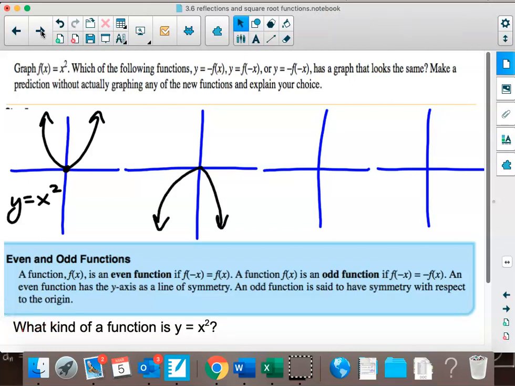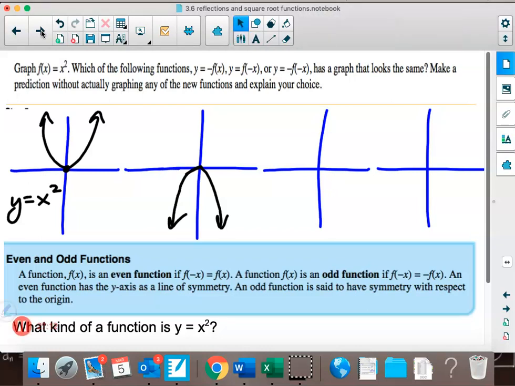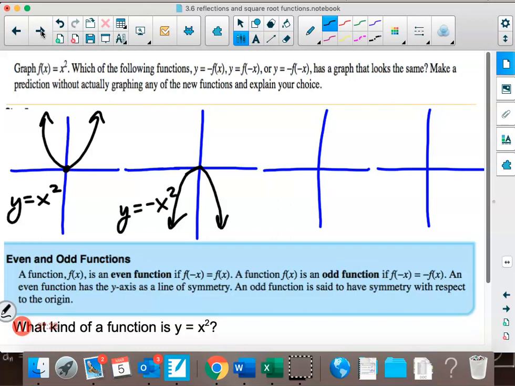Sorry, it went a little wide. I don't want it to be that floppy. It's supposed to just look normal. All right. What equation do you think that is, pretending that it's the same shape as this, just upside down? Y equals negative x squared.